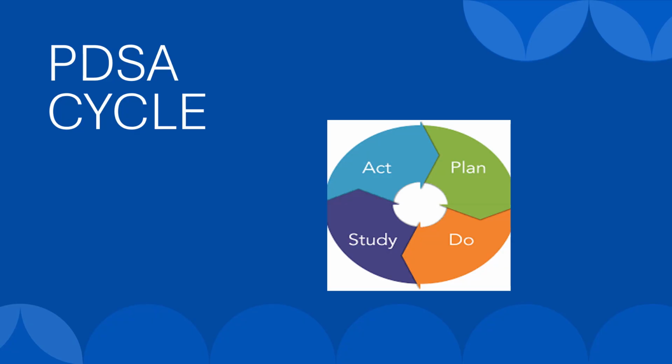So our PDCA cycle altogether: we planned and implemented, and then studied the information we have accumulated from all those positive screens, and then we keep acting and moving and creating new plans.